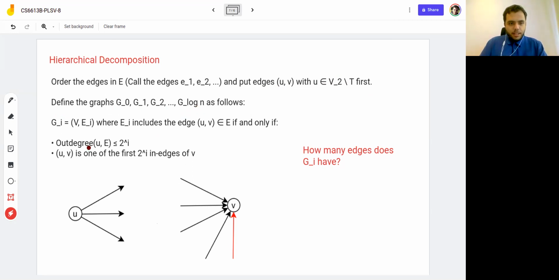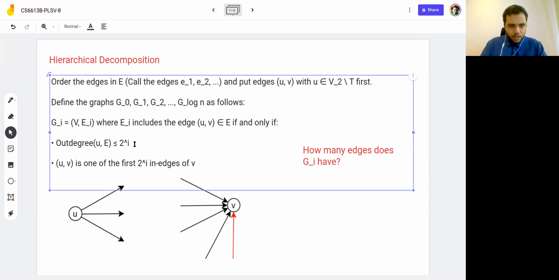And basically, it's defined as follows. If you look at the graph GI, it has the exact same set of vertices as the original graph, but it has a very limited set of edges, which we call EI. And the set of edges in EI are all those edges that satisfy one of these two conditions. So maybe I should also write or here. Okay.